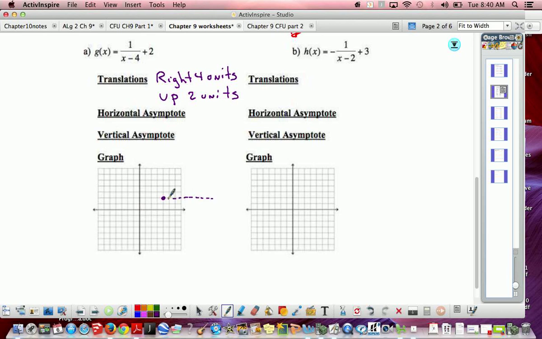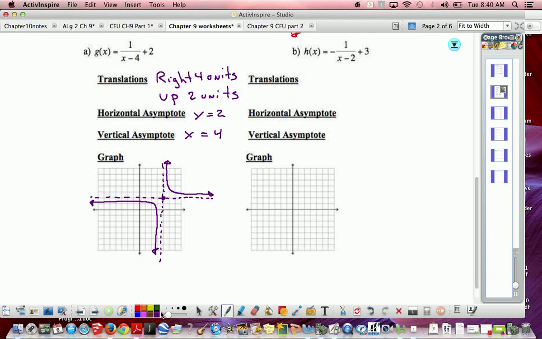So now that's where my asymptotes intersect, crisscross. There is no reflection, so I know I'm still in quadrant 1 and quadrant 3. So my horizontal asymptote is now at y equals 2, and my vertical asymptote is at x equals 4.